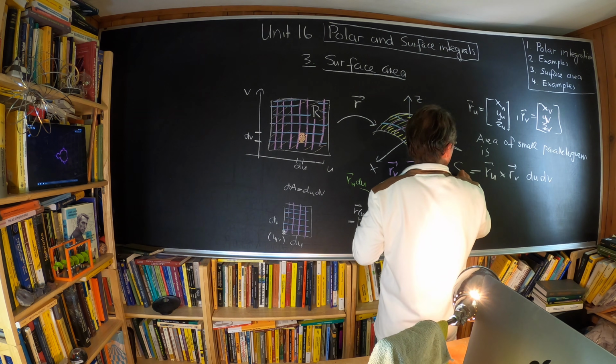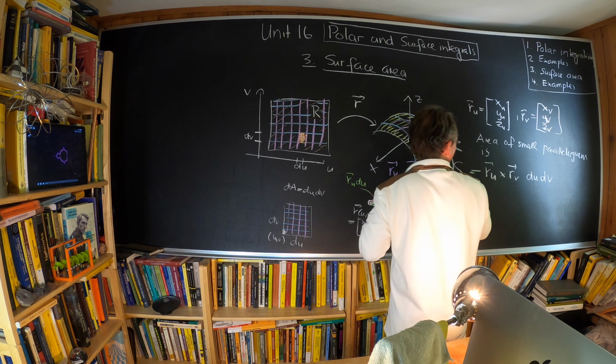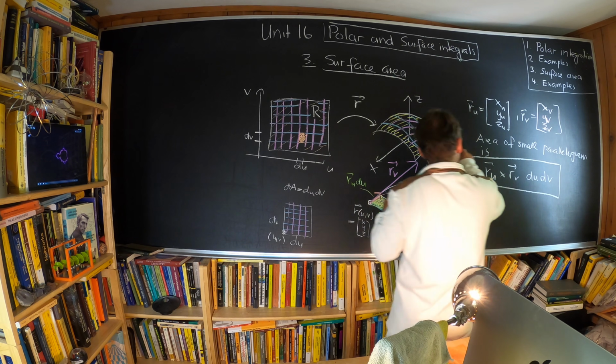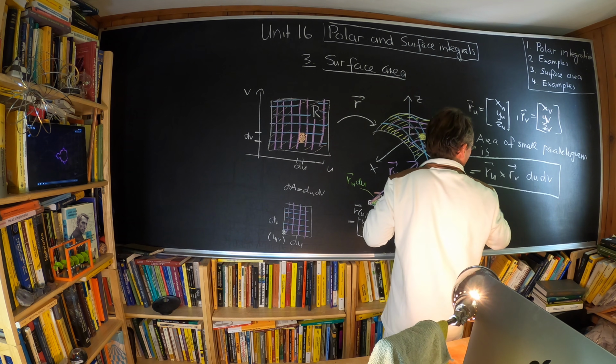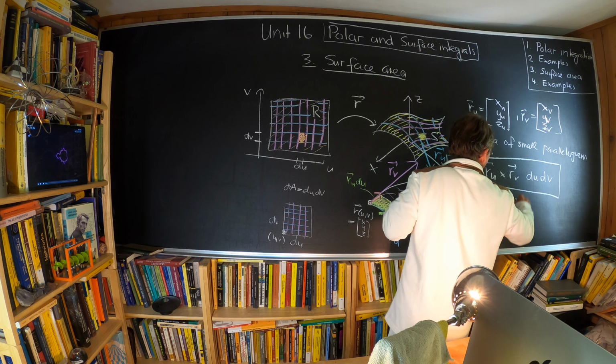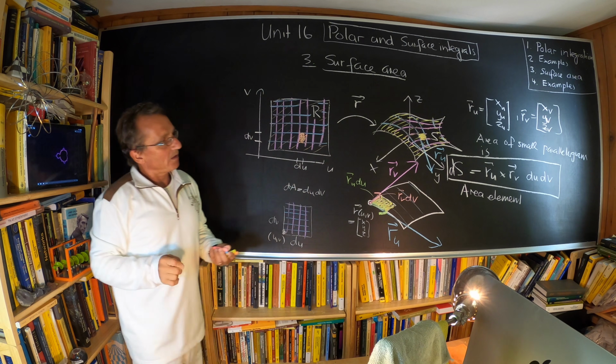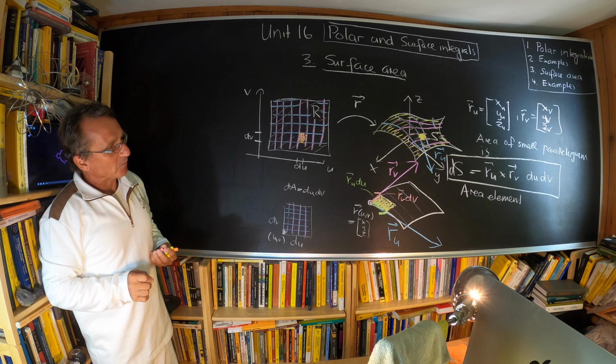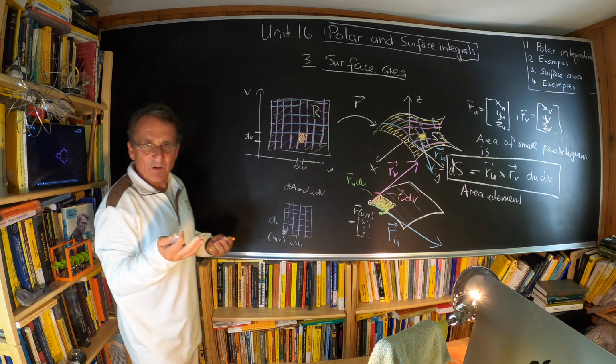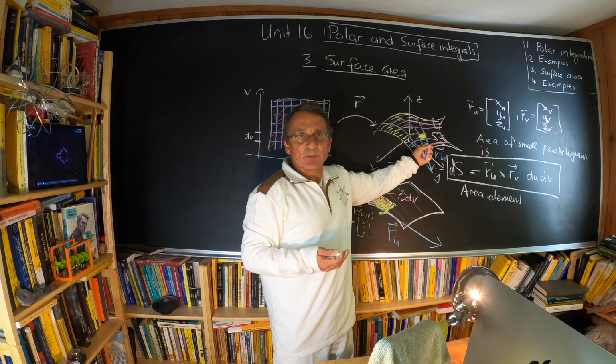Now we call this dS. This is an area element on the surface. Think about this as the area of that little piece here.